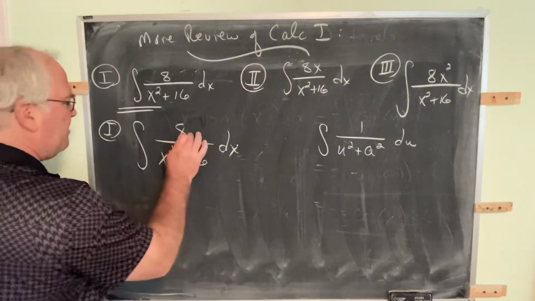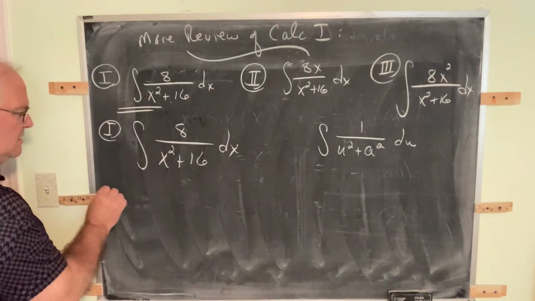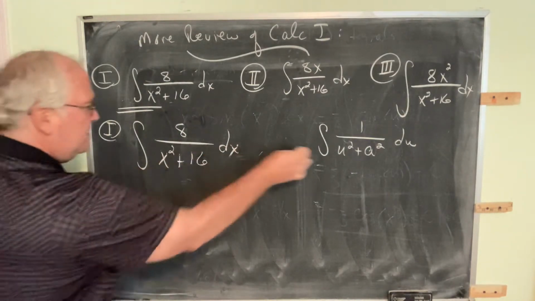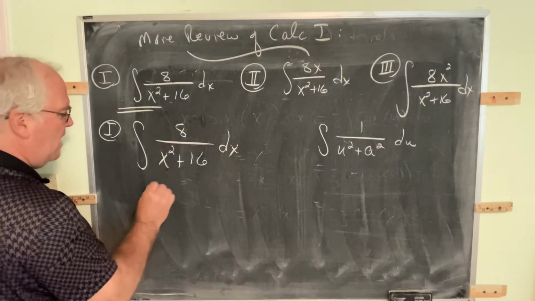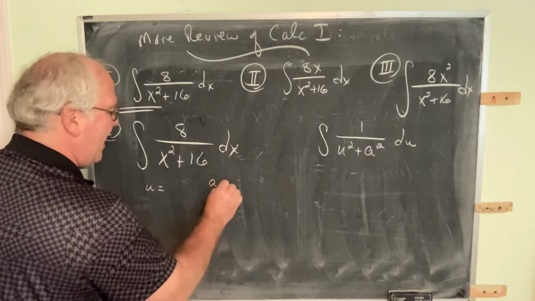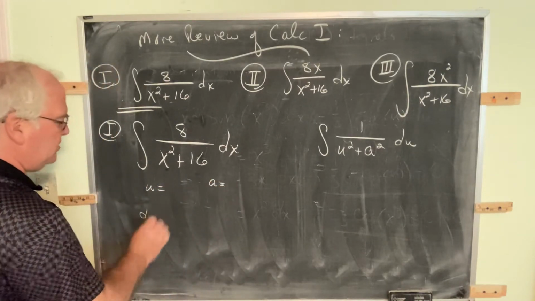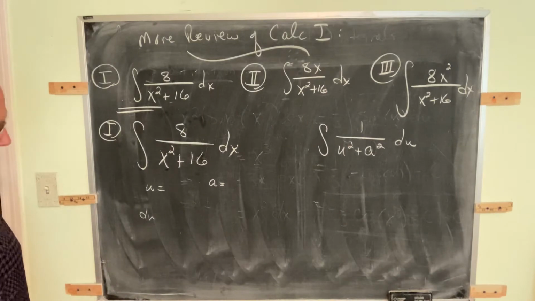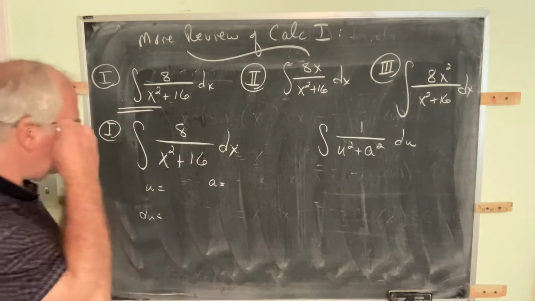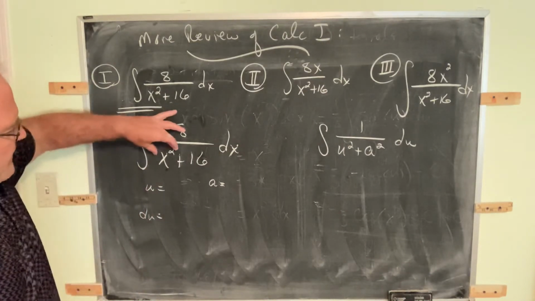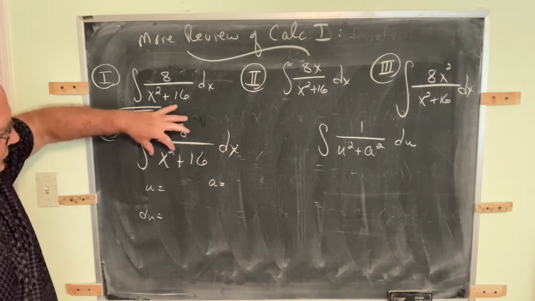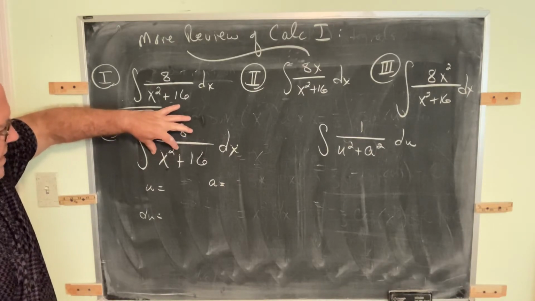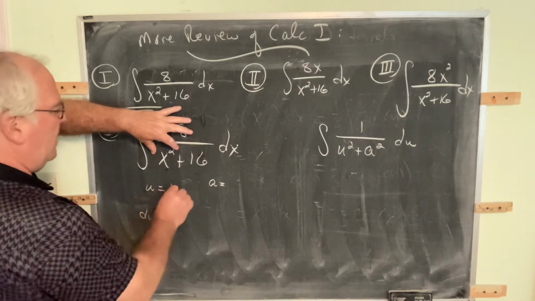This constant multiplier is just coming along for the ride, right? So if this is going to be the tangent inverse form, then we need to account for u, for a, and for the differential. What is the variable expression that's getting squared here? The variable expression getting squared is x.